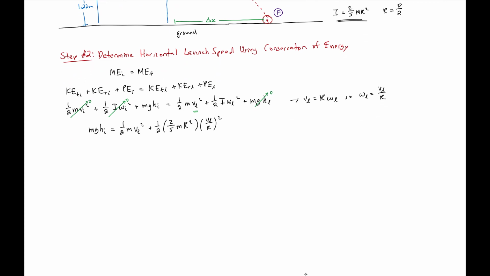So we have m g h_i is equal to, we can factor out a v_L squared first from both, which means we have (1/2 m plus 1/5 m).